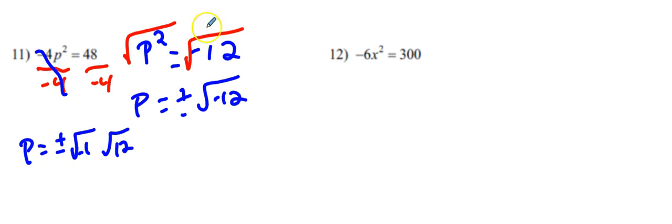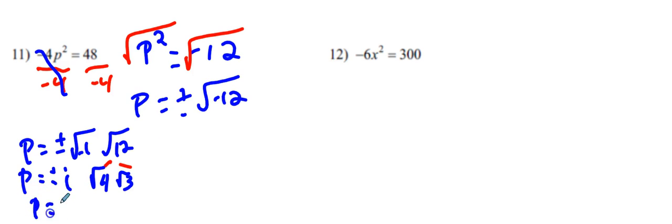But the square root of 12 actually has a perfect square in it. So let's break that into root 4 times root 3. And I'm going to say p equals plus or minus i, root 4, root 3. But of course, root 4 is actually 2, so we're going to bring that out.